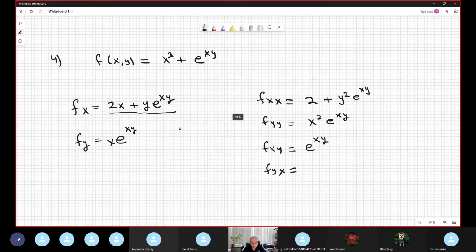Plus, y stays, because I am differentiating the exponential: e to the xy, and differentiating this with respect to y is x. I'm putting alphabetic order, it doesn't matter.